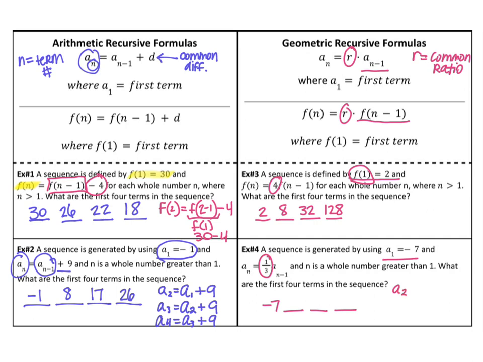So to find a sub 2, I need to take a sub 1, which is -7, and multiply by 1/3. I would continue this pattern, take a sub 2, whatever it is, and multiply by 1/3 to get my next terms. So there we are, completing the pattern, just multiplying by that 1/3 each time.